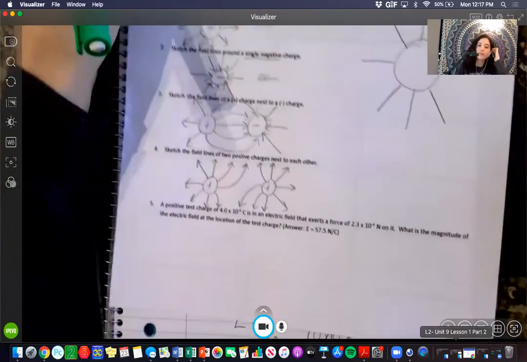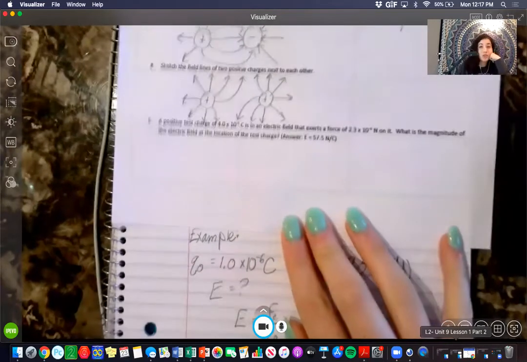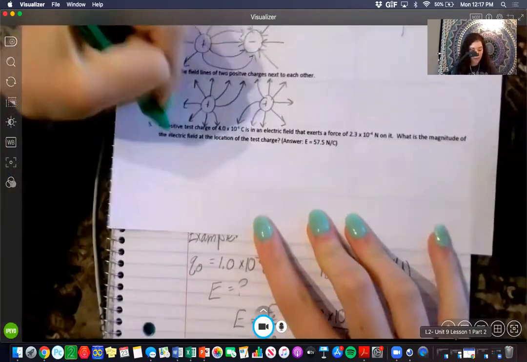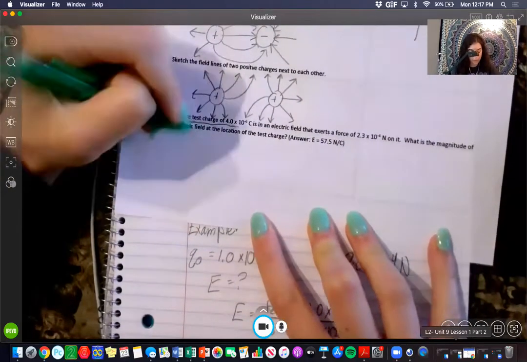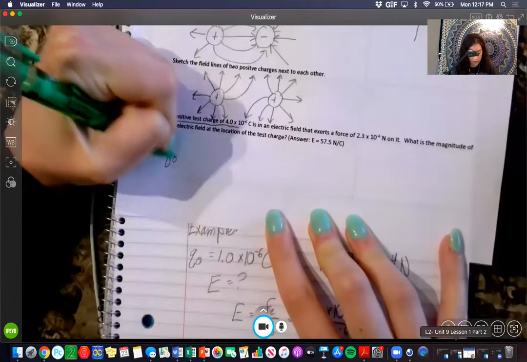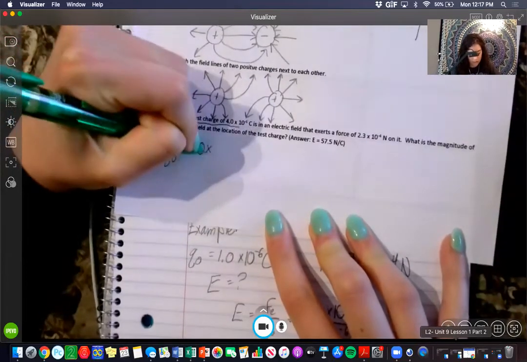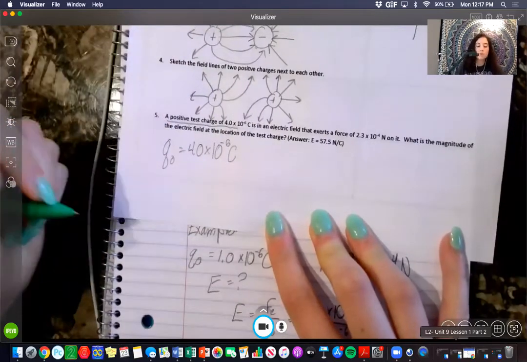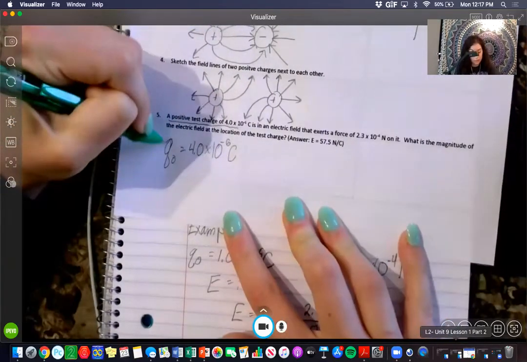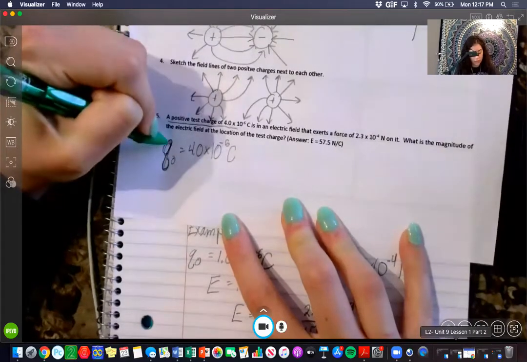All right. Last little problem to do together. We've got a positive test charge of 4 times 10 to the negative 6 coulombs. So Q naught equals 4.0 times 10 to the negative 6 coulombs. Notice that the first step is always to write down your givens. It's like some things just don't change, pandemic or not.